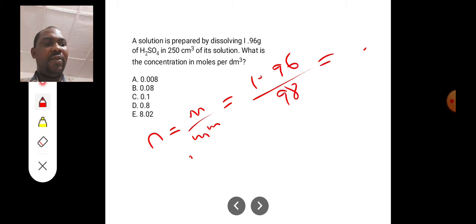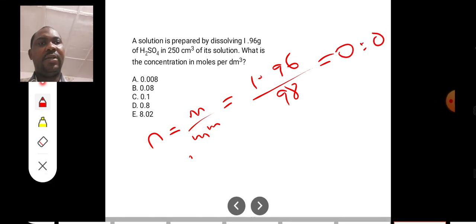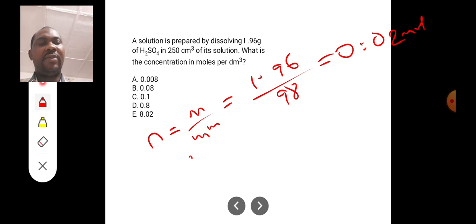When I divide 1.96 by 98, I get 0.02 mole. From this, we can find molar concentration. The molar concentration, or concentration in mole per dm³, is equal to number of moles over volume.